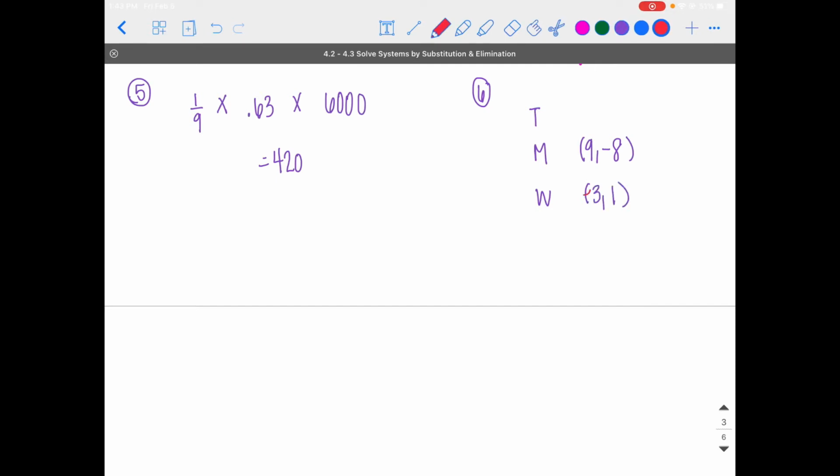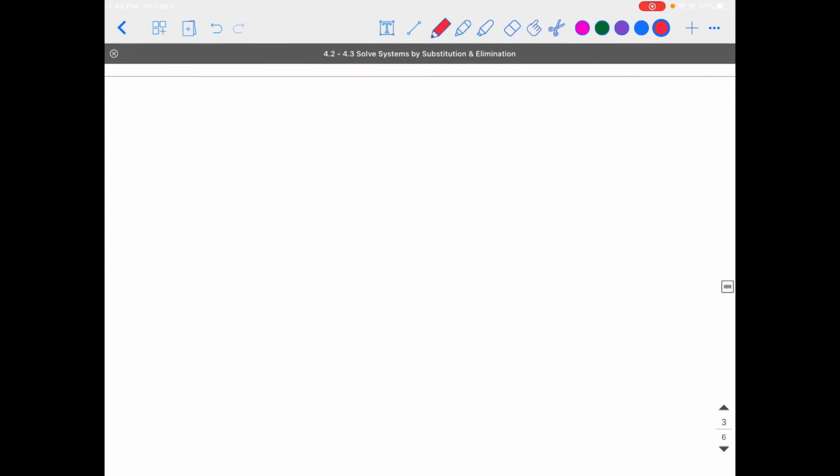We just want to see, all right, from 3 to 9, I'm adding 6. So if I add 6 again, I get 15. From 1 to -8, I subtract 9. So if I subtract 9 again, I get -17. So 15, -17. You have to read carefully because if it gives you the midpoint, you really don't have to use the midpoint formula.